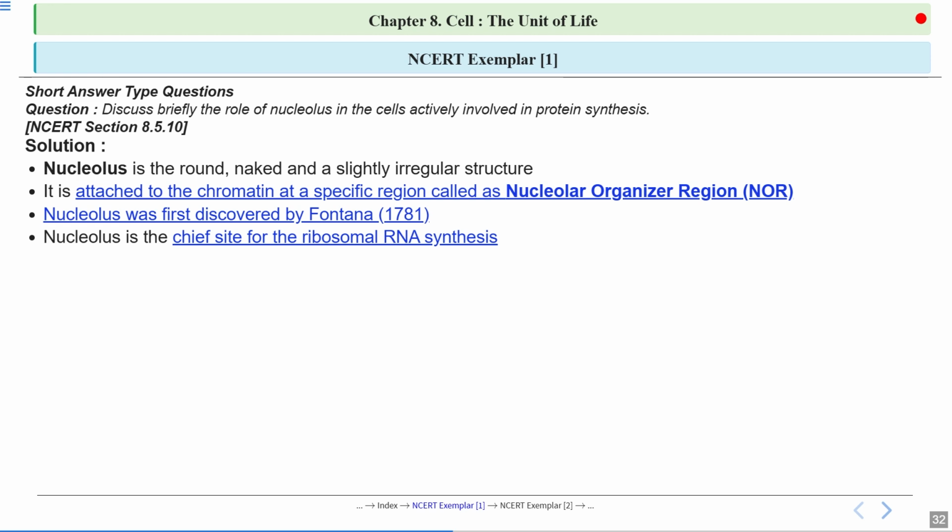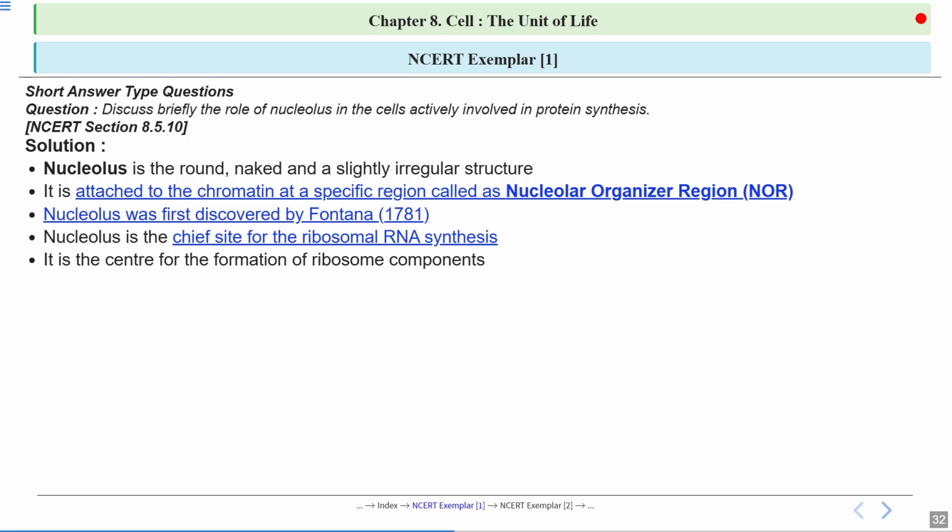Okay, clear? So this nucleolus is attached where? It is attached to the chromatin at a specific region called the nucleolar organizing region. Now it is the center for the formation of ribosome components. So the ribosome is made up of ribosomal RNA such as 23S ribosomal RNA, which acts as an enzyme during protein formation also.